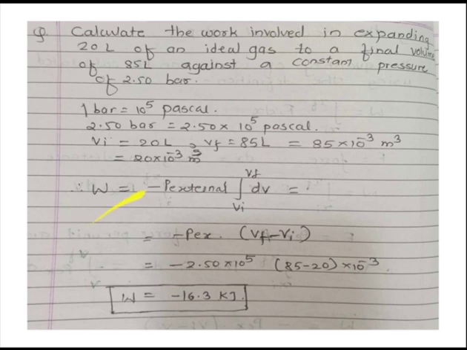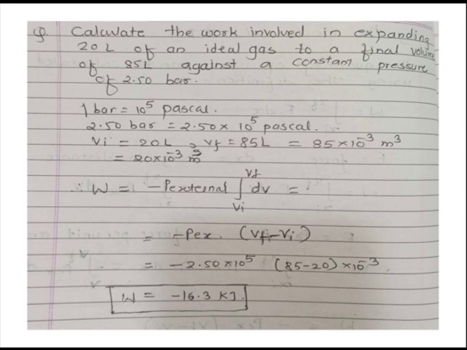Work is equal to minus P external integration of Vi to Vf dV. So just write down the final equation: W is equal to minus Pex, external pressure, in the bracket Vf minus Vi.